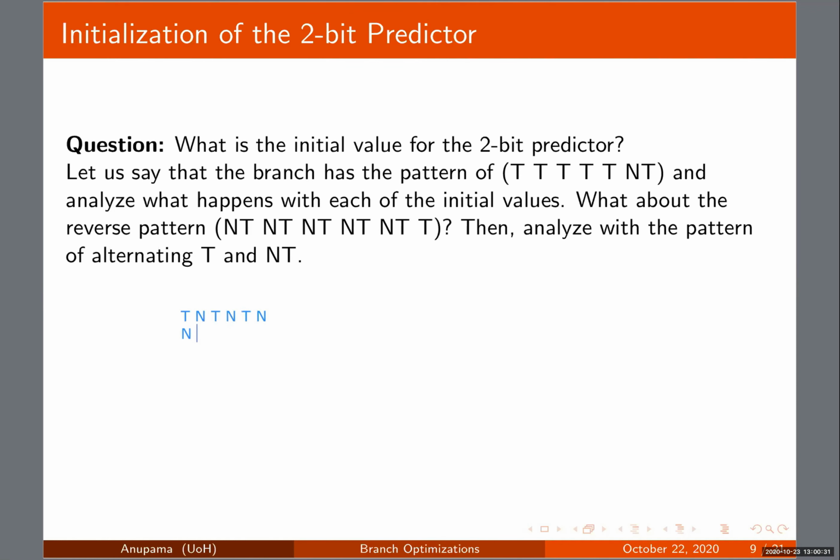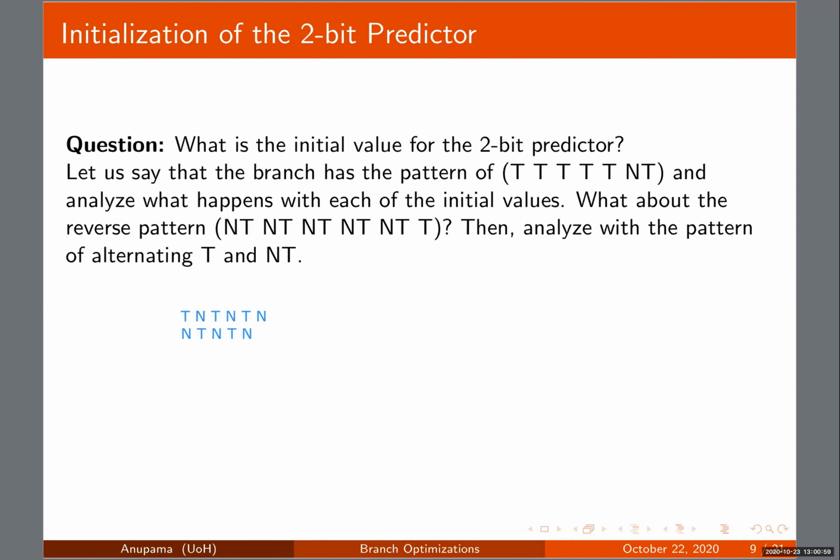Our prediction is 0, 1, but the branch is taken. So it goes to 1, 0 state and predicts that the branch will be taken. Okay. But the branch is not taken. So it again moves into 0, 1 state, which is basically predicting not taken. So every prediction will be wrong in this case.